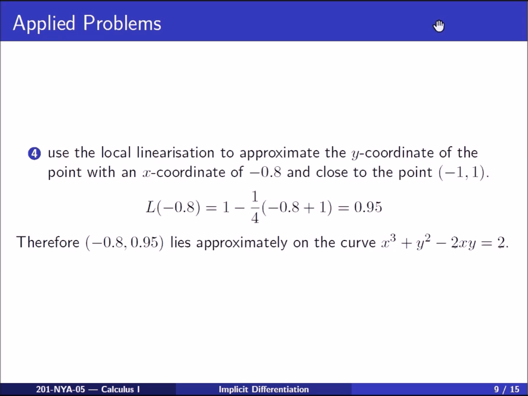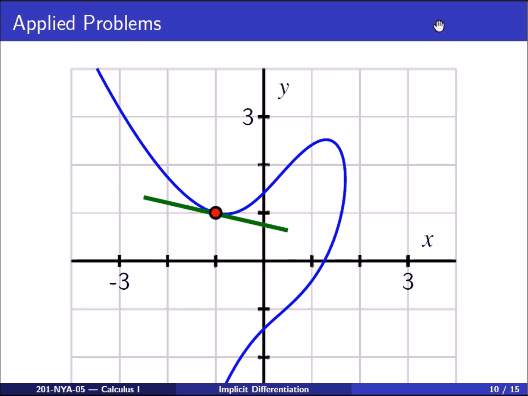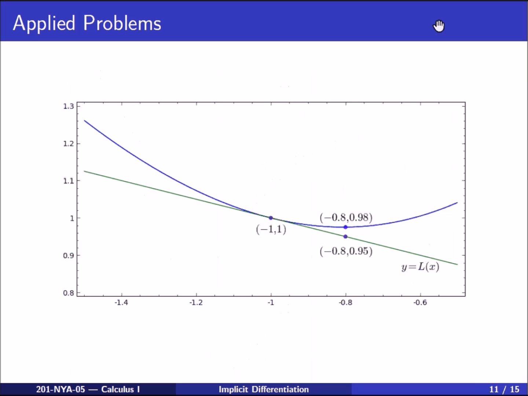So the point (minus 0.8, 0.95) lies on the local linearization curve, or the tangent line if you prefer, and it is very close to the point with an x-coordinate of minus 0.8 on the exact implicit curve. If you remember, in blue is the curve representing the implicit curve. In green, it's our tangent line, or the graph of our local linearization at (minus 1, 1). If we magnify that curve at (minus 1, 1), we get this.